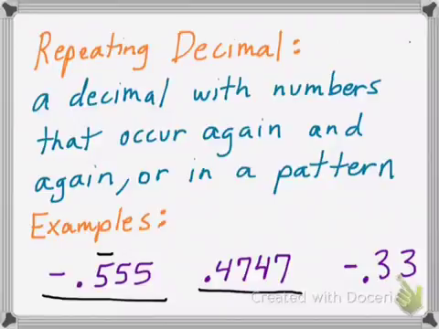But since the 4 and the 7 keep repeating, we can put the repeating bar over the first 4 and 7. And we can say it as 47 hundredths repeating. And our last example is negative 33 hundredths, and since the 3 is going to repeat, we can put the repeating bar over the first 3 and say it as negative 3/10ths repeating. So again, this definition and the example should be copied down in your notes.